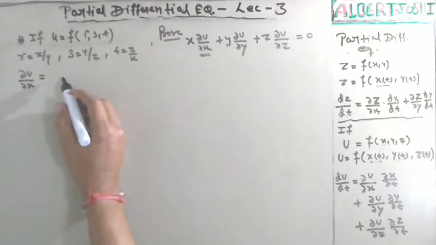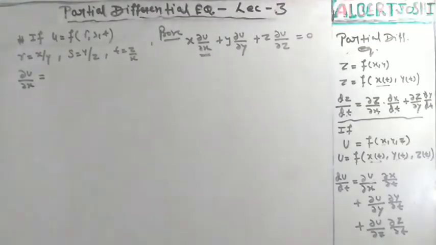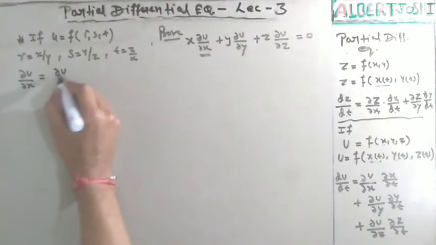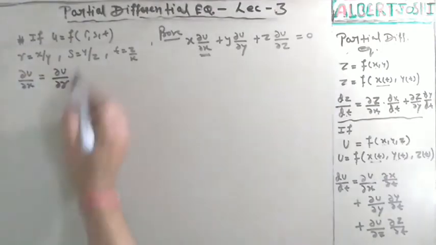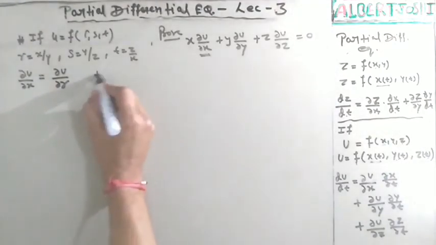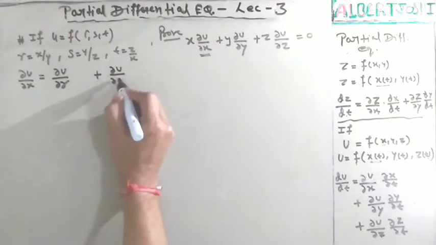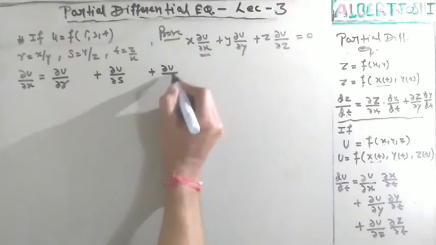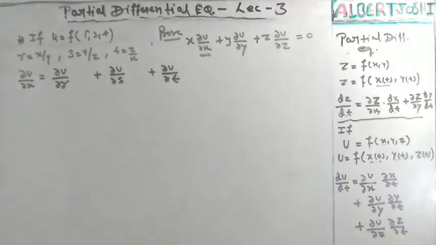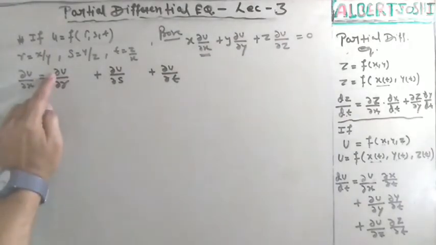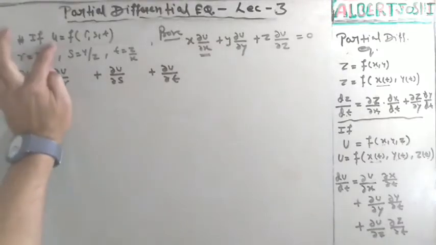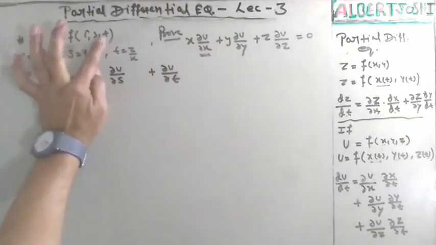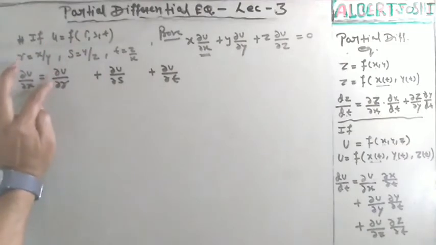So in this condition it will be del u upon del r, because one variable, then plus del u upon del s, then del u upon del t. Why have we used this symbol? Because in this function there is more than one variable, so we are using this symbol.